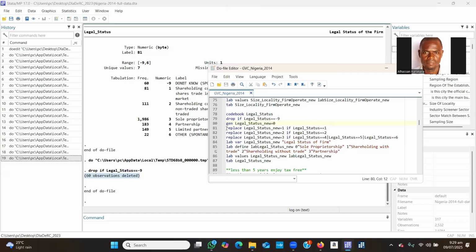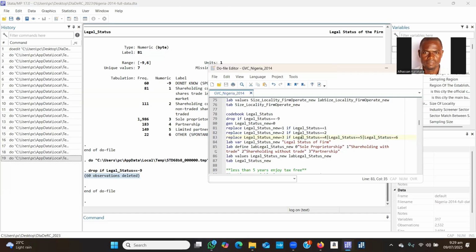Then because it has more than 2 categories, you say replace legal status underscore new 1 if this is that. Then replace legal status underscore new equals to 2. That is the third category. If legal status equals to 2, then replace legal status underscore new equals to 3. If, then I put all this together.